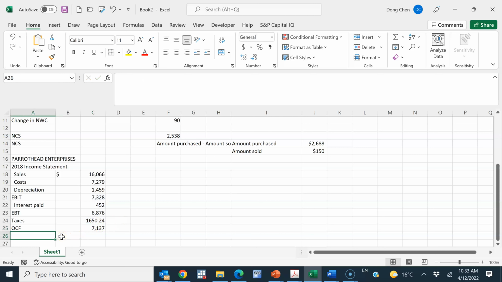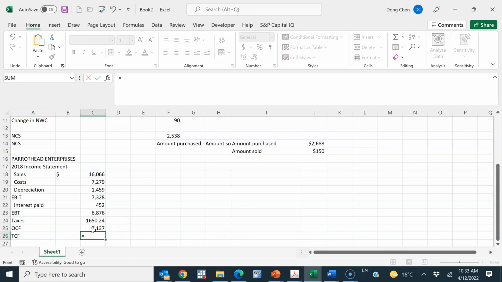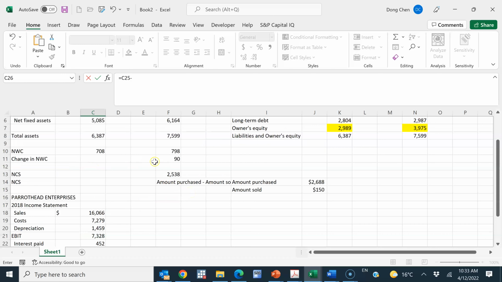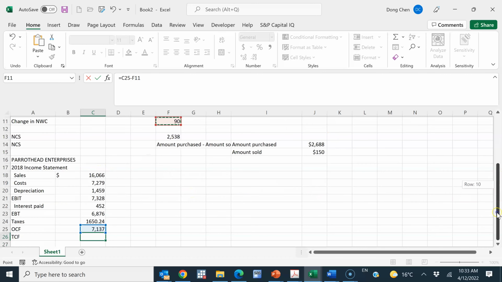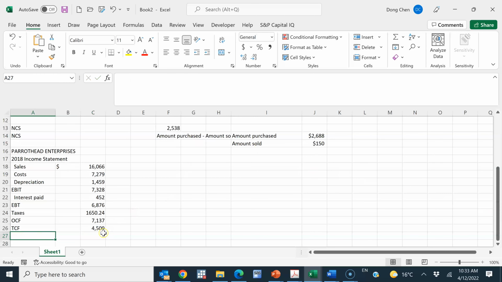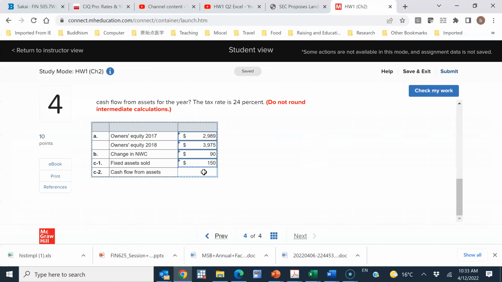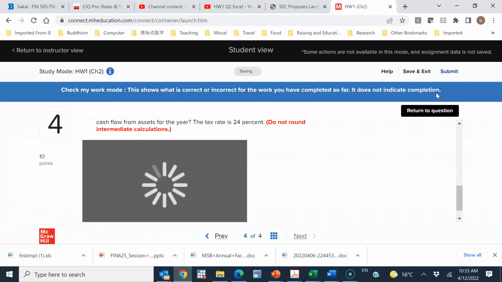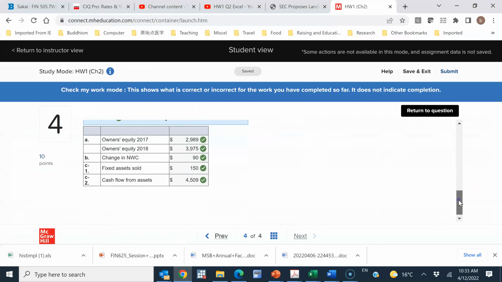Finally, TCF will be OCF minus the change in net working capital, which is right here, and then minus the NCS, net capital spending. That gives me $4,509, which is the final answer. Now I can check my work, and all correct.